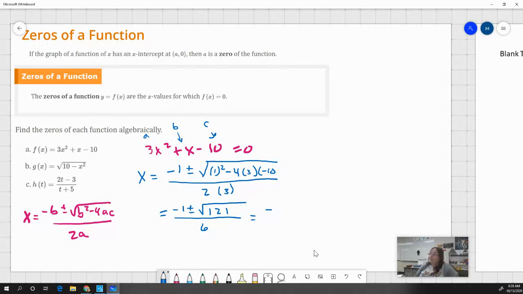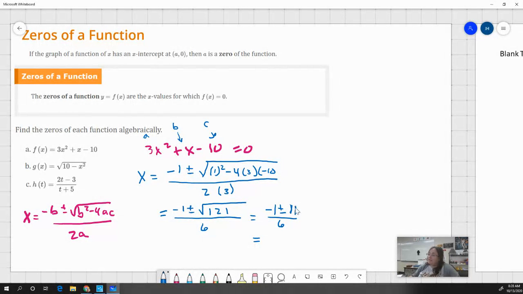Which is minus 1 plus or minus. Does anyone know what the square root of 121 is? Yes, Avery, thank you. It's 11 divided by 6. Now, here's what I mean by there's 2 solutions, and you might remember this. I have minus 1 plus 11.